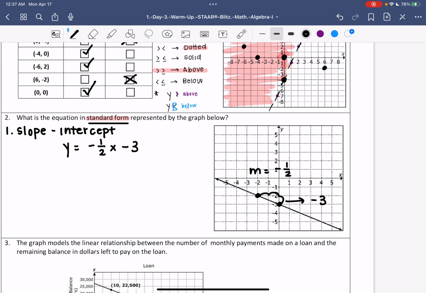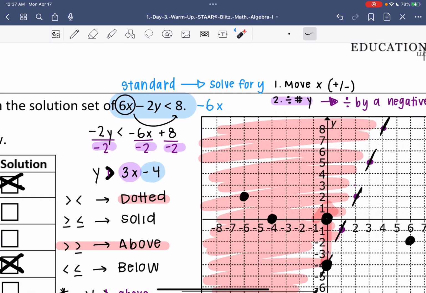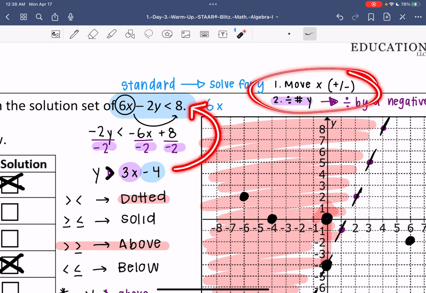Okay, so we know how to change standard form, which is exactly what we did on number 1, and convert it to slope-intercept form. We moved x, we divided the number off of y. So when we're going to do the opposite, when we're going to change the y-intercept form to the standard form, you do the opposite of your steps.